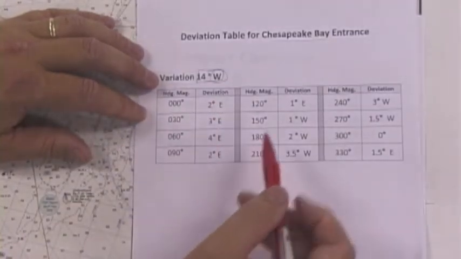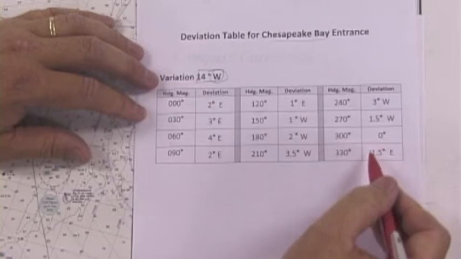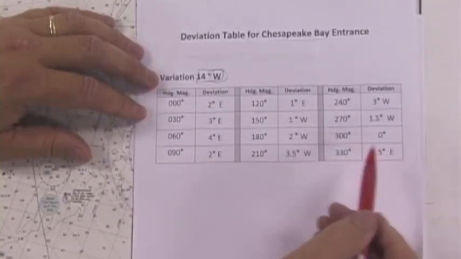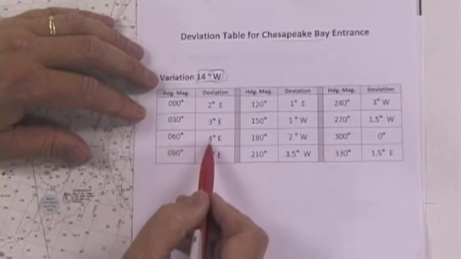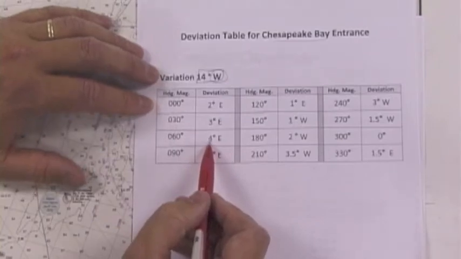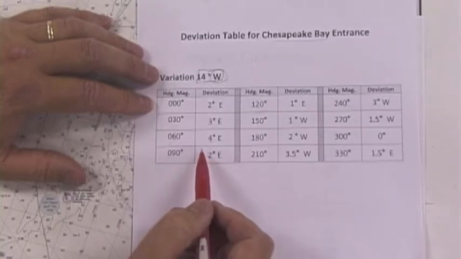They find out for different headings what the error is. If you can see here, at 300 degrees we have no error. At 60 degrees, we have 4 degrees error. Now imagine, you say 4 degrees is not that much, but if you steer 100 miles and you're 4 degrees off from point A to point B, you're going to be a long way off your destination.